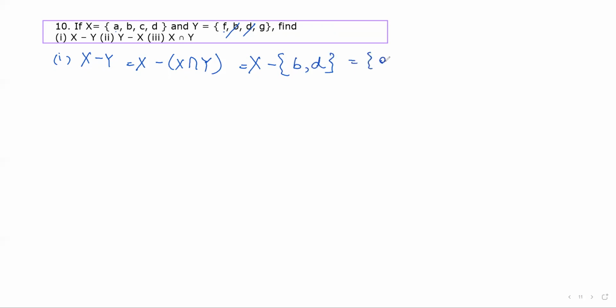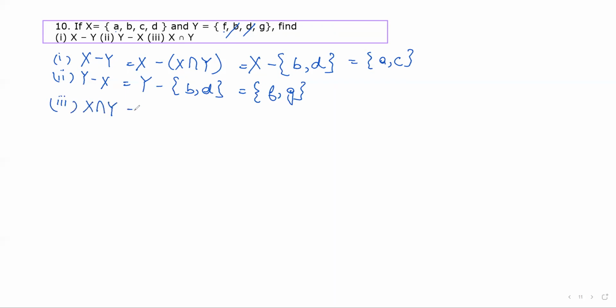So you're left with E and C. Y minus X. Y minus B and D is equal to F and G. X intersection Y. E and C are common elements. Next.